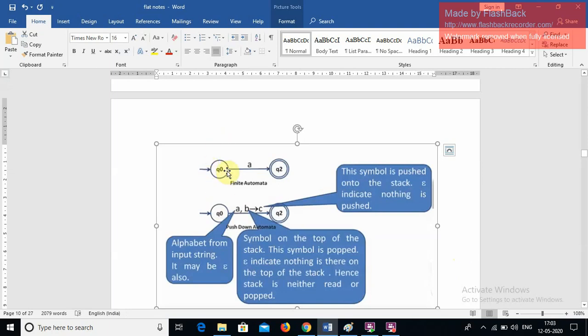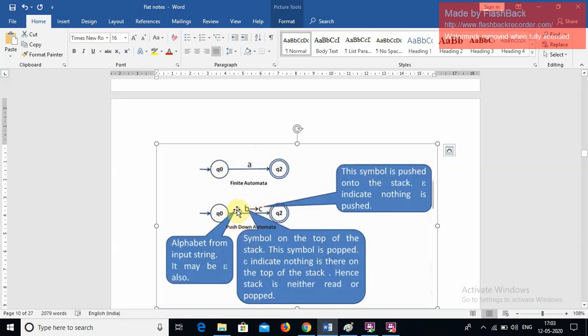First, this is about the FA. Delta q0 comma a, if you give it like this, it will go to q2. Here q1 is the initial state, q2 is a final state, and the state transition is labeled with an input. That is happening in the finite automata. But when it comes to the pushdown automata, the same can be represented like this: a comma b to c.